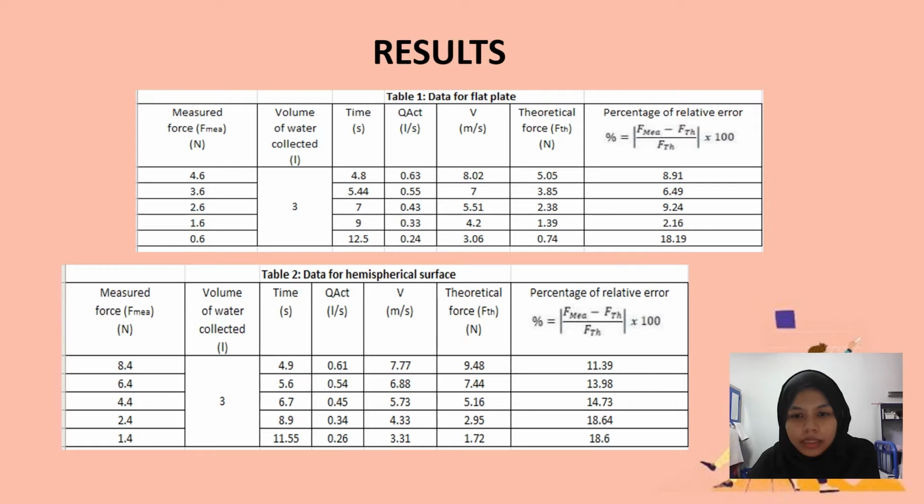To complete the tabulation of data, we have to calculate Q, the flow rate, the velocity, the theoretical force, and also the percentage of error, using formulas that I will explain later. So these are the complete data that we have calculated from the experiment conducted.